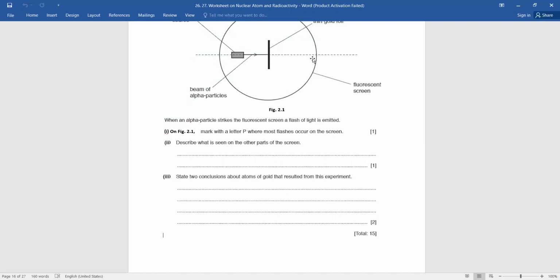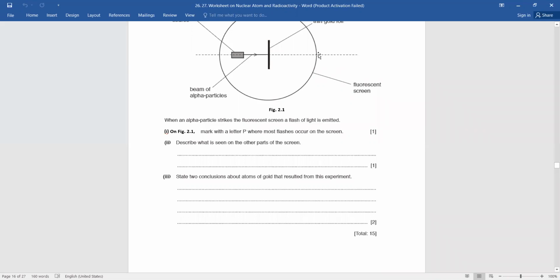So where will you get the point P, or where do you have to write the letter P? The alpha particles are going this way, right? So where will you write P? Straight on the fluorescent screen. Yes, very good.